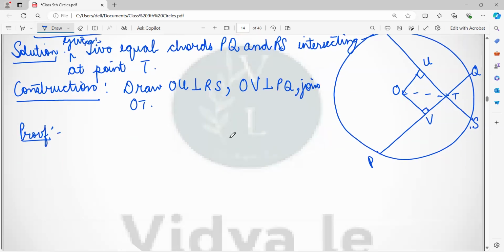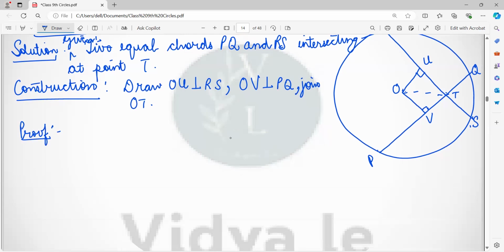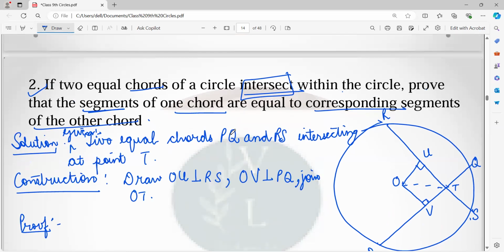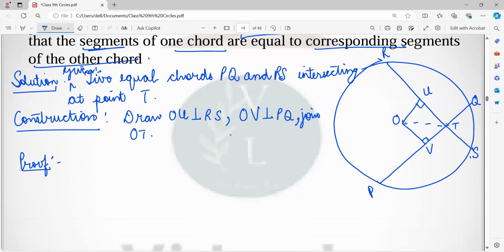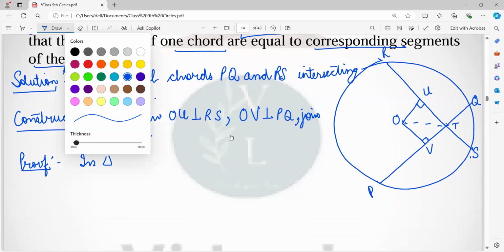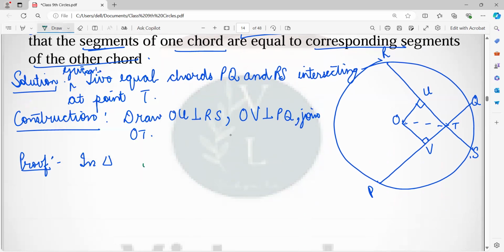Now we'll prove. What we need to prove is that PT is equal to RT, right? So what we'll do, we will take triangle OTU and triangle OTV.